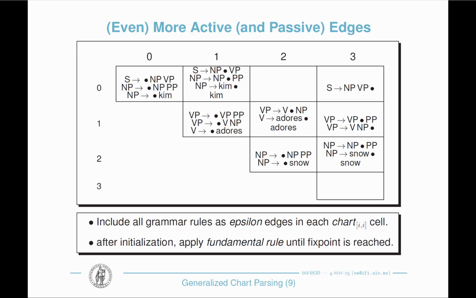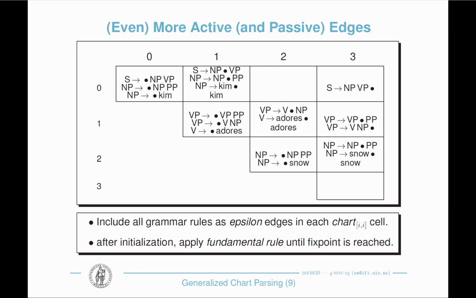To actually do what I say down here, let's say I have 7 rules in my grammar. I would put 7 such epsilon active edges into each cell in this lower diagonal. And many of them would be useless because, for example, if I put VP goes to VP PP also here, then to go anywhere, I would need a VP immediately to my right, that is sentence initially.